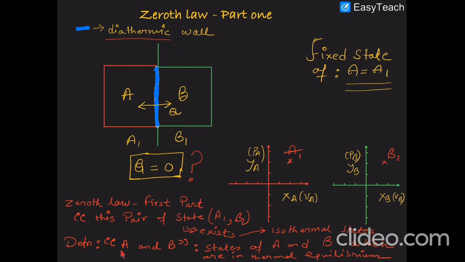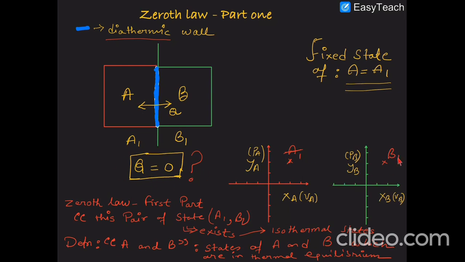And from the definition, we can appreciate that state A and state B will actually be in thermal equilibrium. So from a very fundamental point of view, you fix the state of system A and you look for the state of B for which there will not be heat transfer.